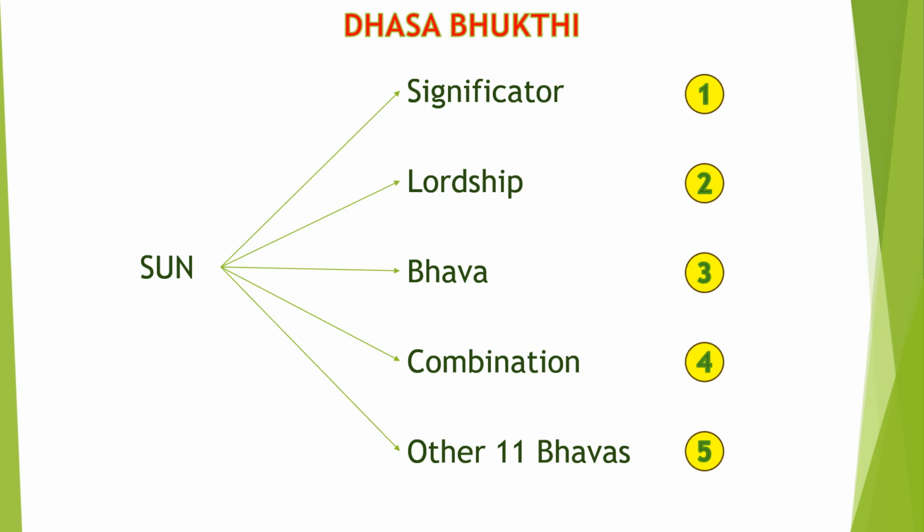Like Saturn will give the profession, Rahu will give secrecy, Ketu will give spirituality, and Venus will give enjoyment, and Mercury will give knowledge. So, like this, each and every planet will give its significators during its Dasa Bhukti period for that person.